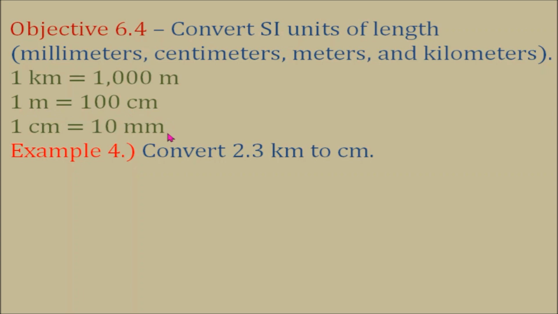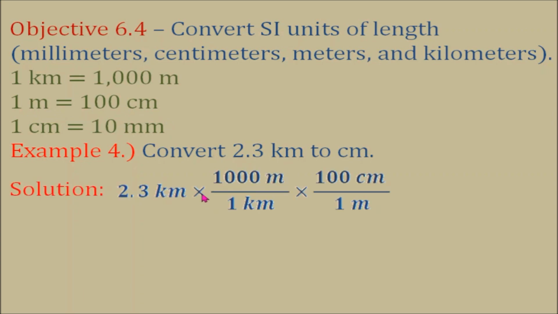So we are going to copy down 2.3 km, then multiply it by a conversion factor such that km is on the denominator. Now to convert m to cm, we are going to multiply it again by a conversion factor that shows m on the denominator.